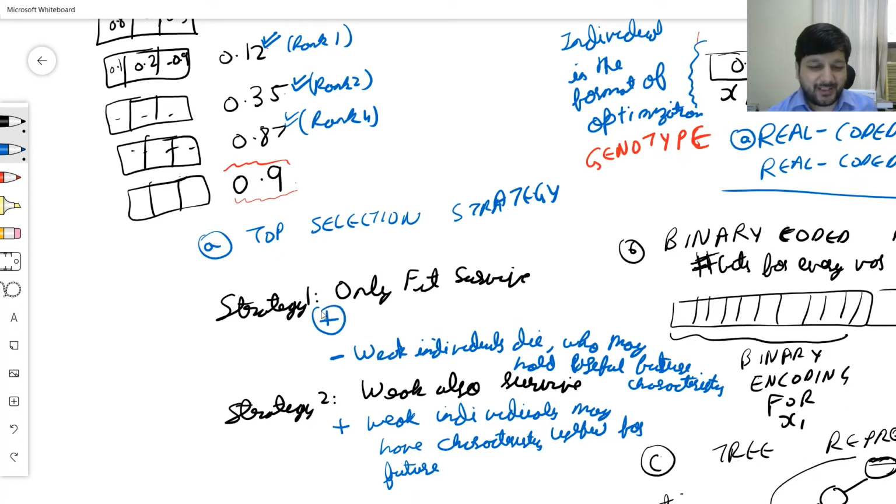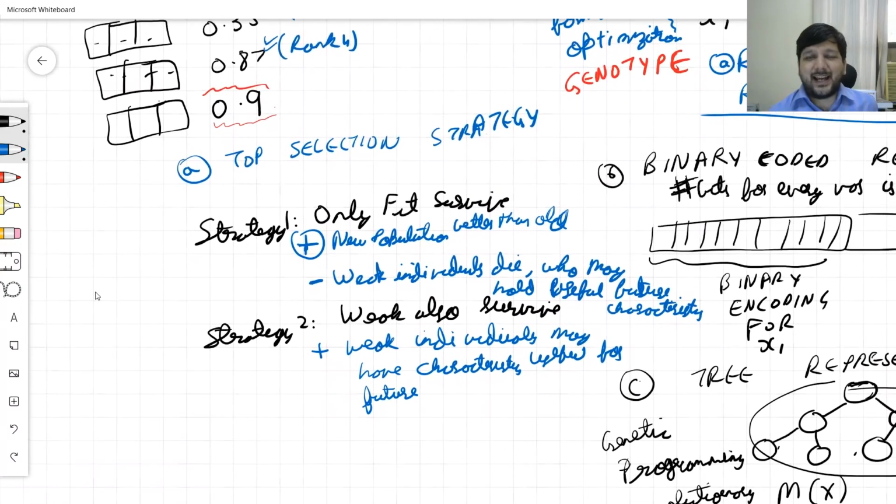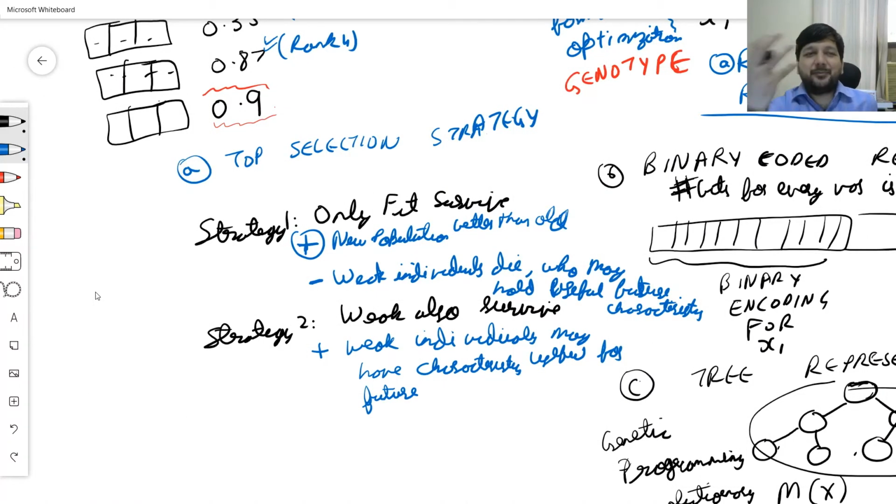So the plus of this thing here is that if only the fit survive, I say new population better than old, because of course the weaker individuals die, and therefore on the whole the population is better, and the better mutations that you do are rewarded by survival, and the worse mutations die off.